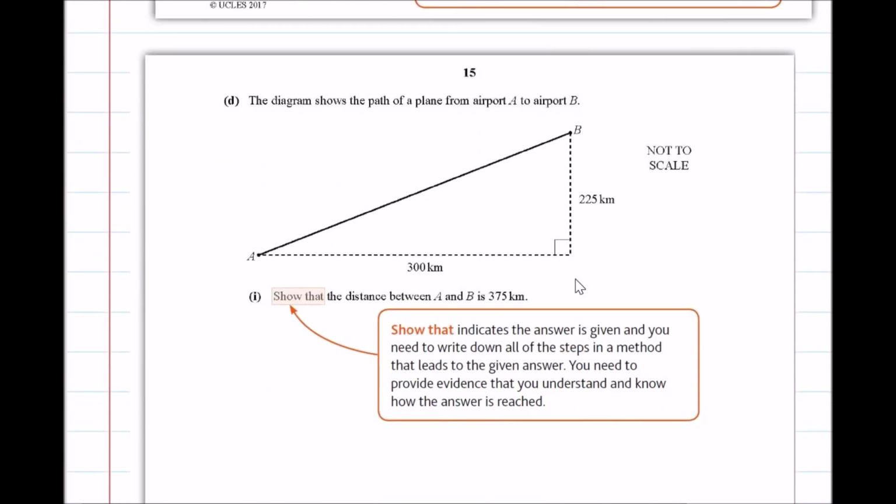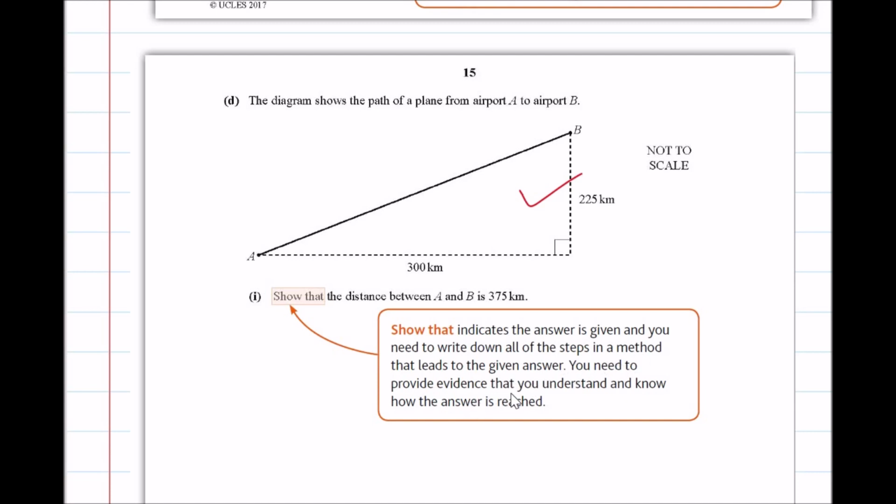The diagram shows the path of a plane from airport A to airport B. In this diagram, you see airport A to airport B. Show that the distance between A and B is 375 km. What is the meaning here? "Show that" indicates that the answer is given and you need to write down all of the steps in a method that leads to the given answer.